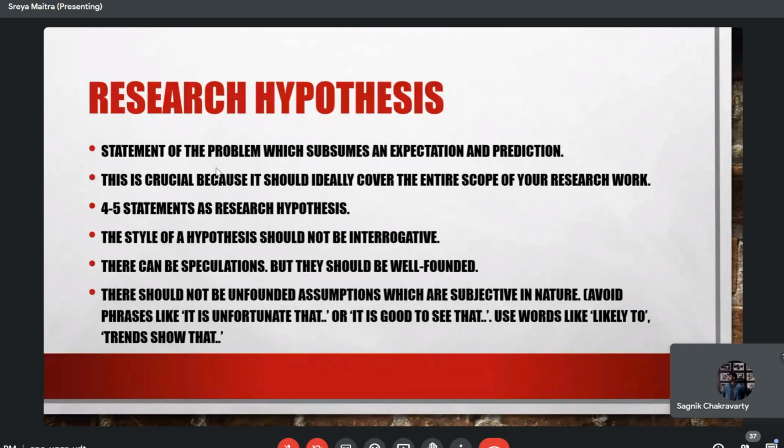But my point is that when you start out as a researcher, and the benefit of volunteering to do these workshops is that you should have a very clear idea of what these subheadings actually mean. A research hypothesis, as I have put out for you over here in the slide, is a statement of the problem which subsumes an expectation and prediction.